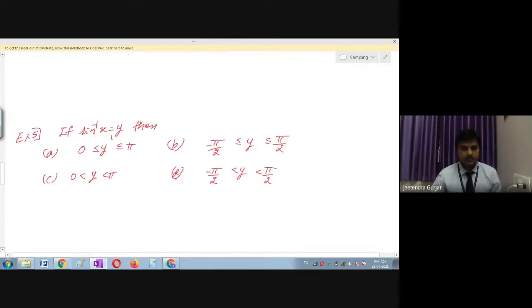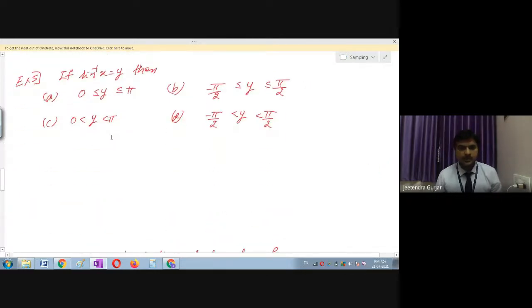Okay. So like this you should be able to simplify. If sine inverse x is equal to y, then yes, friends. Now anybody looking at the problem can see, you have to remember the property. In the property it is clearly mentioned that whenever sine inverse x exists, then using the principal value bound.